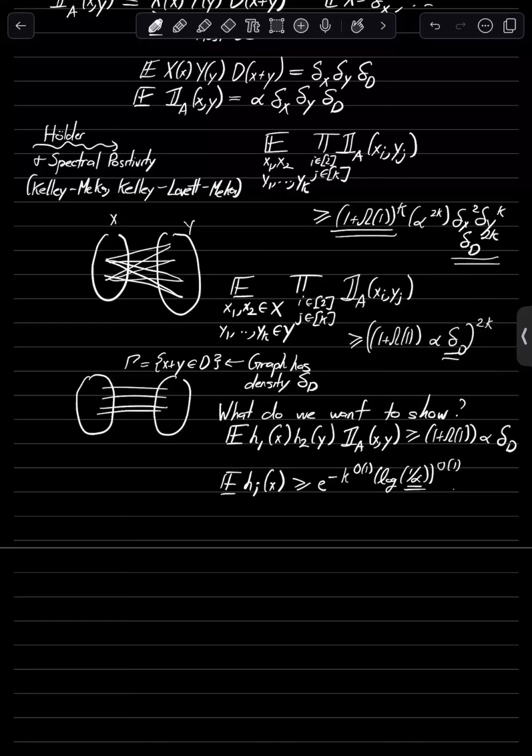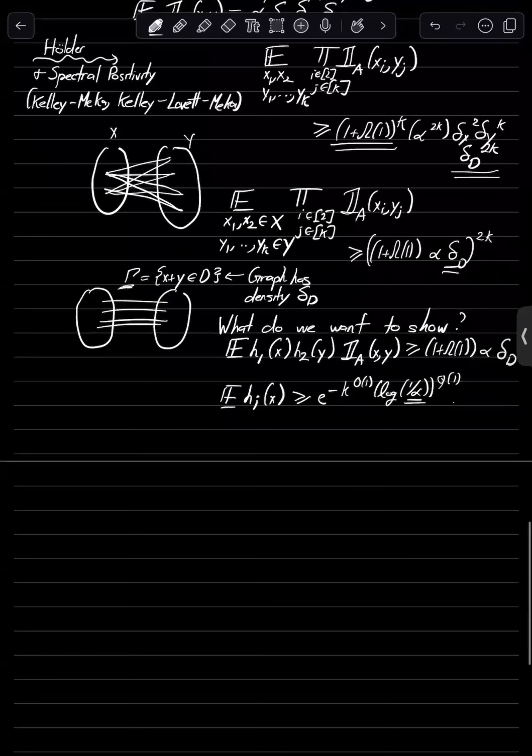So I'm able to see that my function has increased density on a very large rectangle. But the size of that rectangle does not depend on my true density. My true density is alpha times delta D. But instead it only depends on my density relative to some container set. Okay, so in this kind of generality, I need some assumption on gamma.